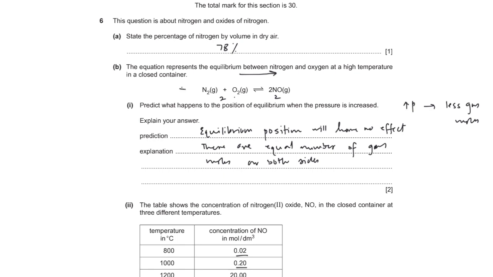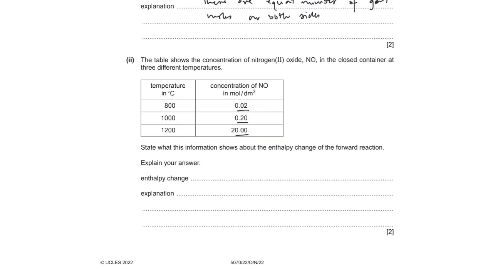Heat has to be on the left, because equilibrium moves away from whatever is increased. So if equilibrium is moving towards the right, it means that heat is being increased on the left. It means that the reaction is endothermic. So the enthalpy change would be positive. The reaction is endothermic.